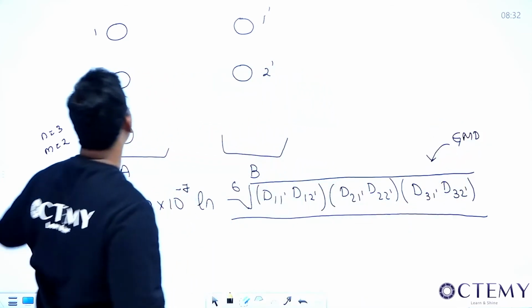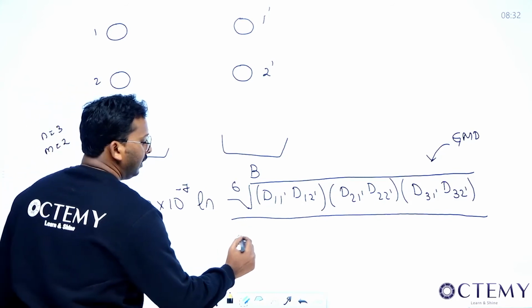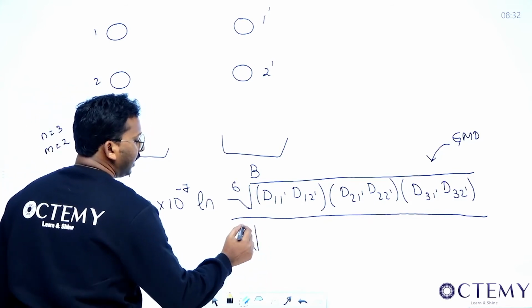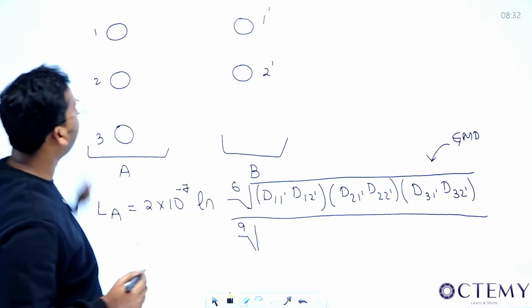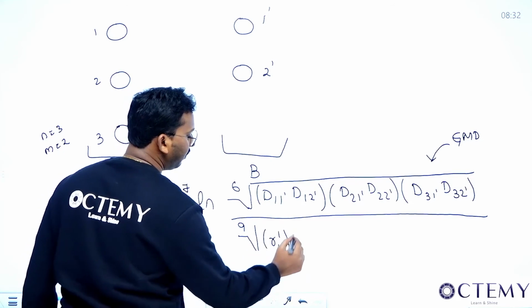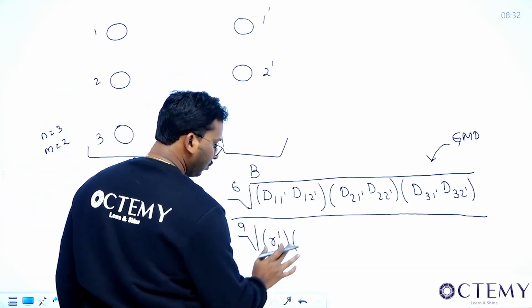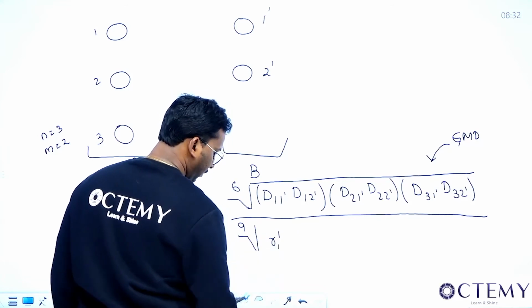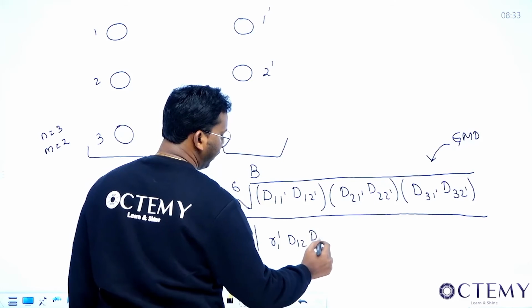GMR is self-distance. That is n square, n square means 9 here because it has 3. So the 9th root of the distances between the self: R1 dash, into distance between 1 and 2, distance between 1 and 3.